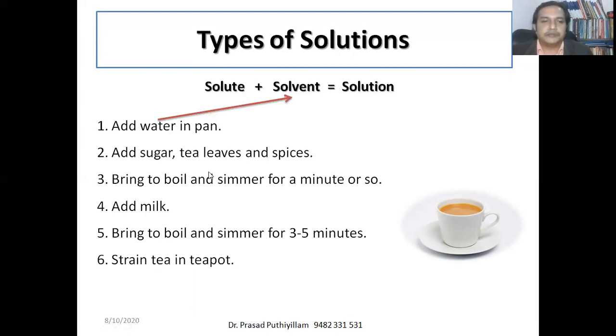Here water is the solvent. Other than solvent, the other components are considered as solute. Therefore sugar, tea leaves or the essence of tea leaves, spices, as well as milk can be treated as solute, and we'll get a good quality tea if you mix them in a proper manner.